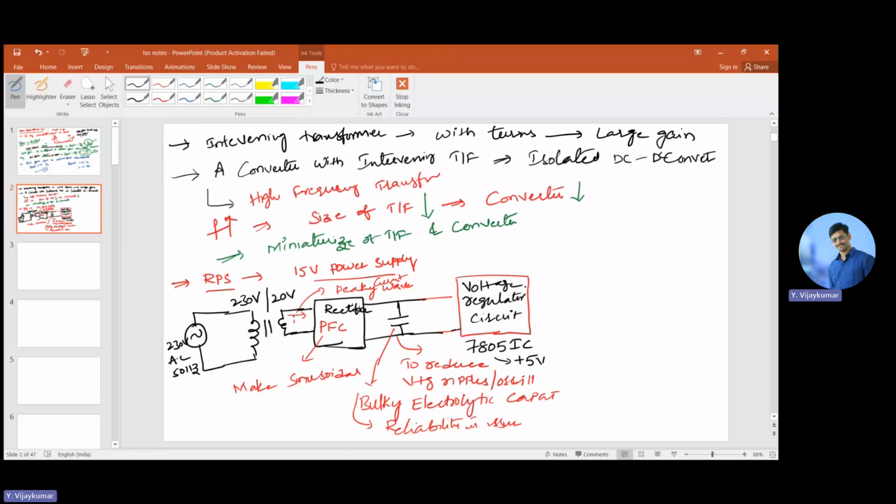The output voltage that we are going to get is finally a regulated output.